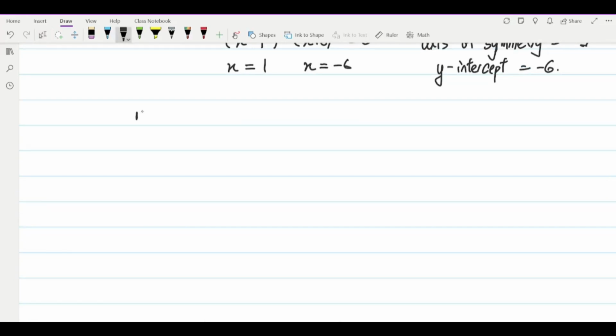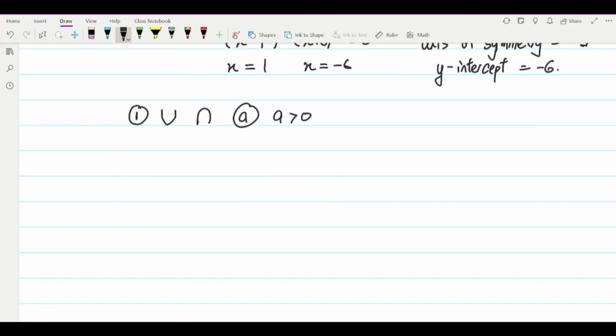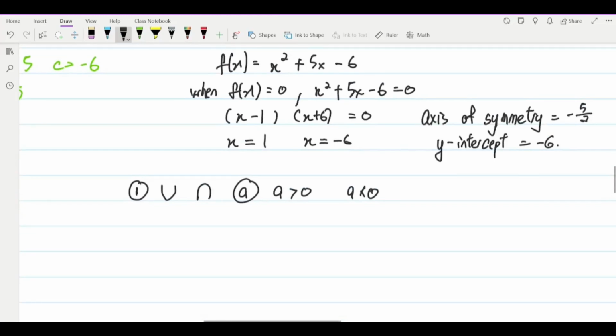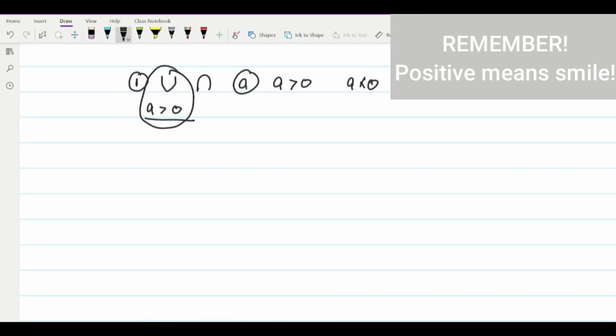So the first one, we want to identify the graph is smile or cry. So we will see A value. A is bigger than 0 or A is less than 0. So for this equation, A will be bigger than 0. So that is happy. So we will be using this shape.